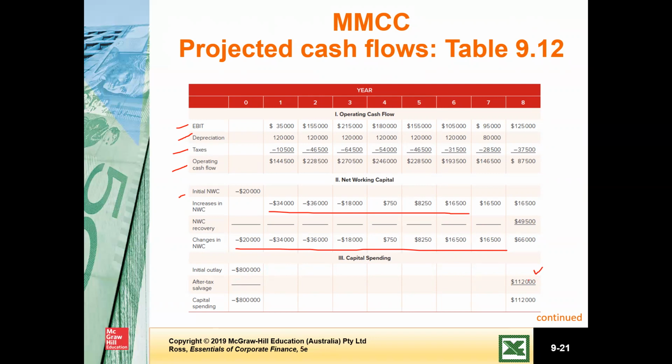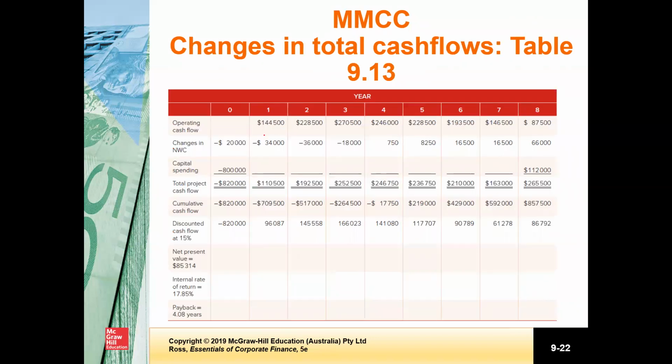So the salvage value comes at the end of your project. So your operating cash flow, change in net working capital, your capital spending, that's your total project cash flow. You discount them, and you find the net present value is 85,000, internal rate of return is 17.85%, and the payback period is 4.08.